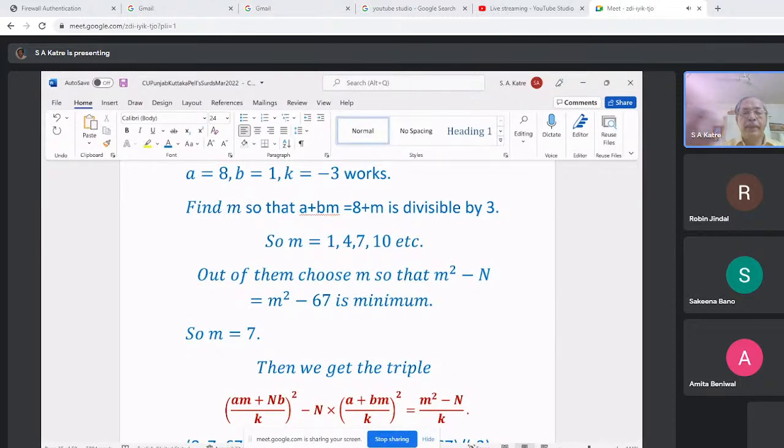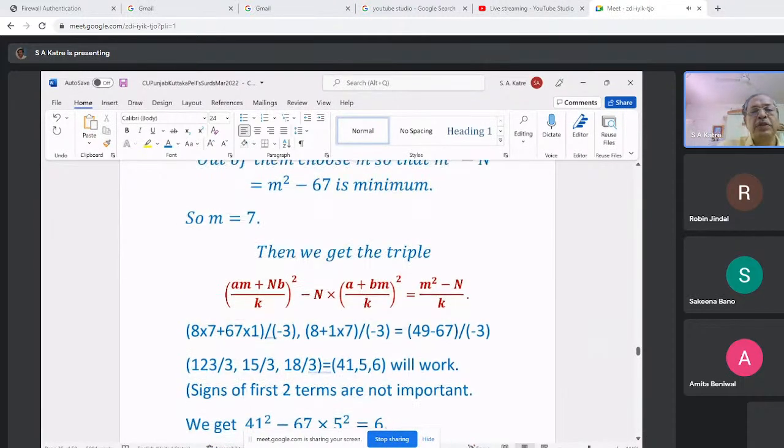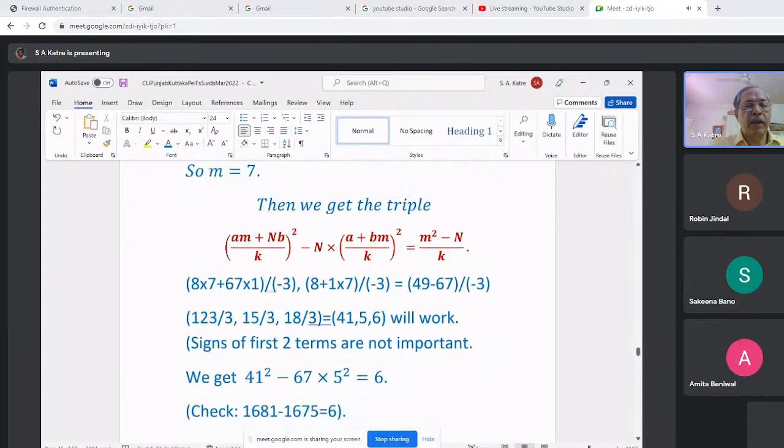All right. Now we get the triple (am plus nb) upon k, (m square minus n) upon k, and (a plus bm) upon k. Substitute there, a is 8, m is 7, etc., and you simplify. Then you will see that 123 upon 3, 15 by 3, 18 by 3, is equal to 41, 5 and 6.